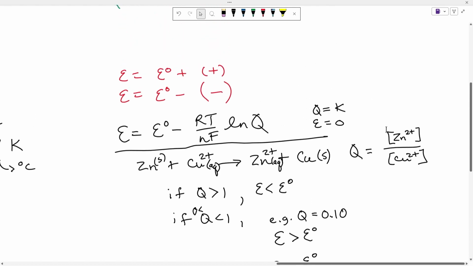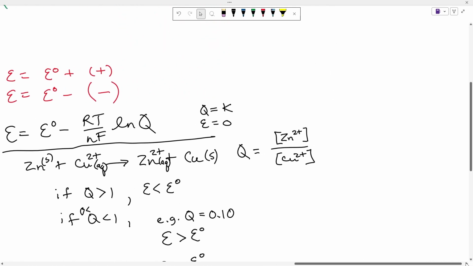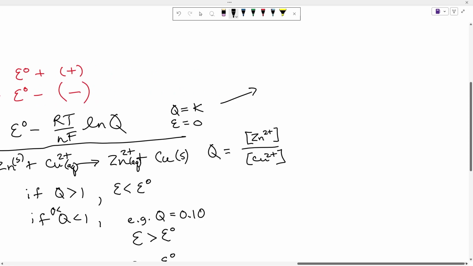All right, so we're going to put in 0 for E and K for Q. So we get 0 equals standard cell potential minus RT over NF, natural log K. And if I move things around, E standard would be equal to RT over NF, natural log K.